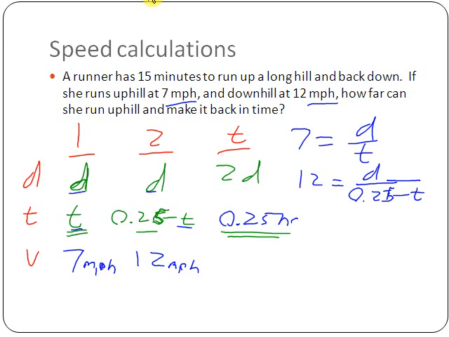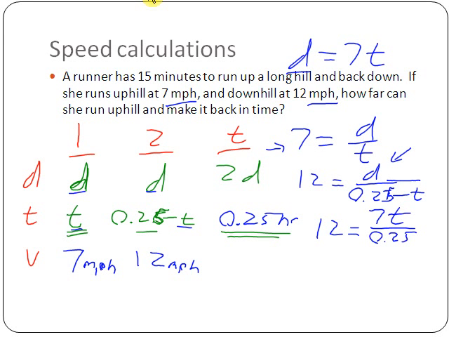We can rearrange our first equation because we multiply t on both sides, and by doing that we get that the distance is equal to 7t. Since this distance and this distance are the same distance, we can rewrite the second equation as 12 is equal to d, which is 7t, over 0.25 minus t.